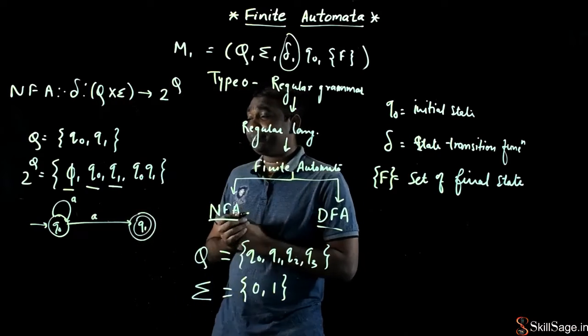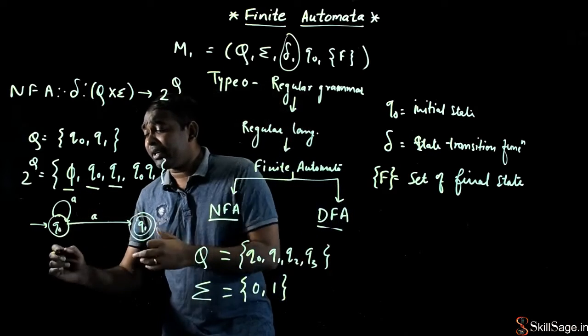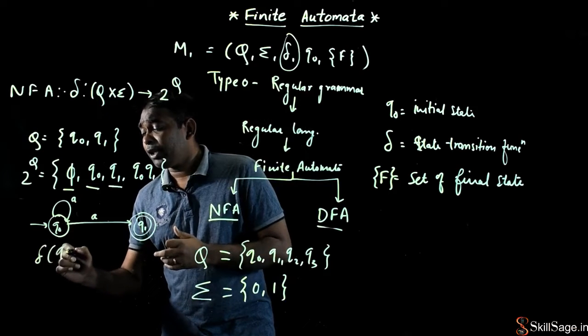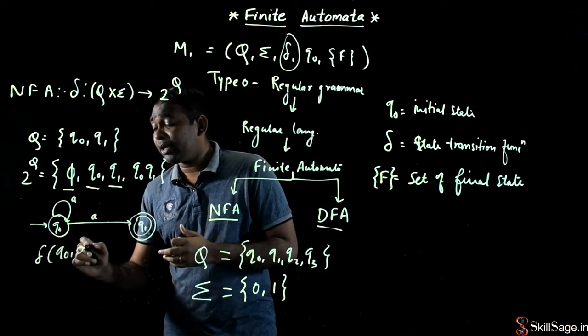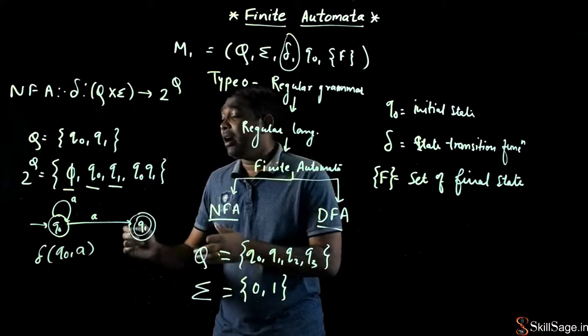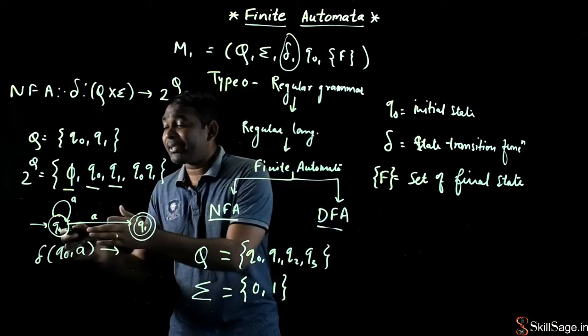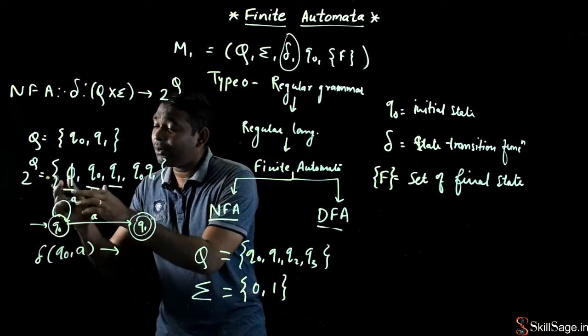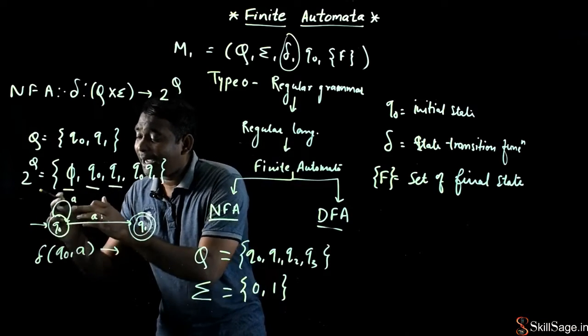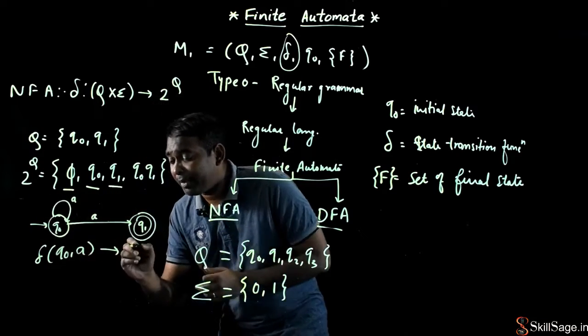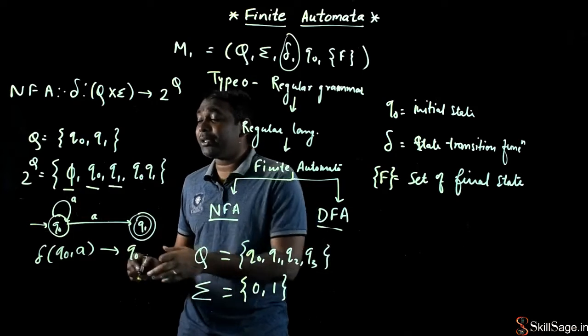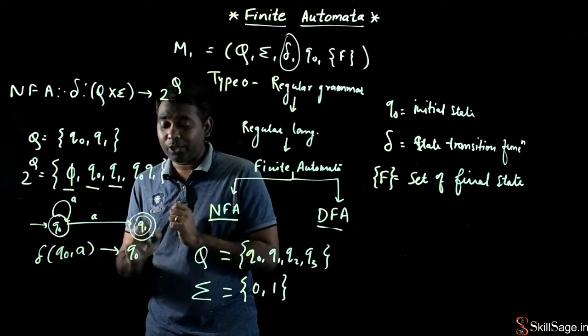What does it indicate? If I am at the current state Q0 and the current input symbol is A, after reading this A, what is my next state? From Q0, if I read A, I come back to the same state because there is a self transition, so my next state is Q0.